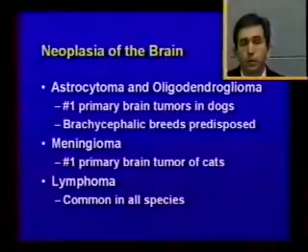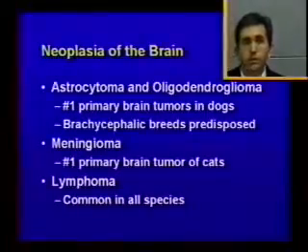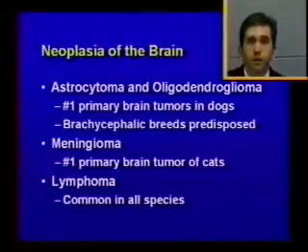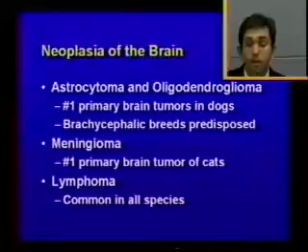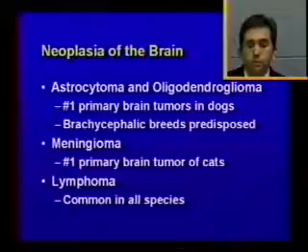The astrocytoma is a tumor that originates from the astrocyte, and the oligodendroglioma, which originates from the myelin-producing cells of the brain. They're represented in about equal numbers in dogs. So if you were presented with a case of a brain tumor in a small animal, probably a slightly higher incidence of astrocytoma, that would be my first choice, but the second choice would be oligodendroglioma.